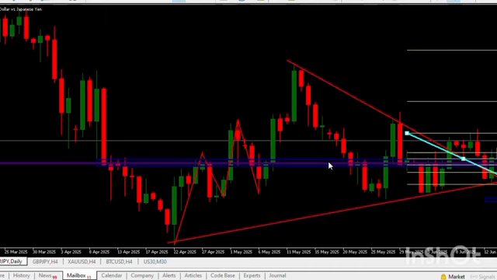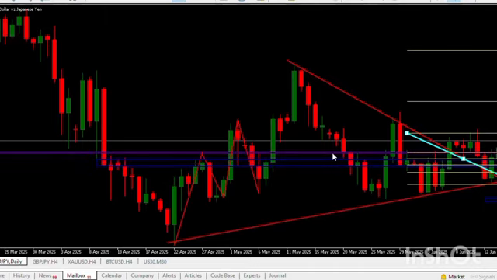Now if I take this my horizontal to 61.8 level, that is to say that we're expecting this trade to bounce back to 144,300.